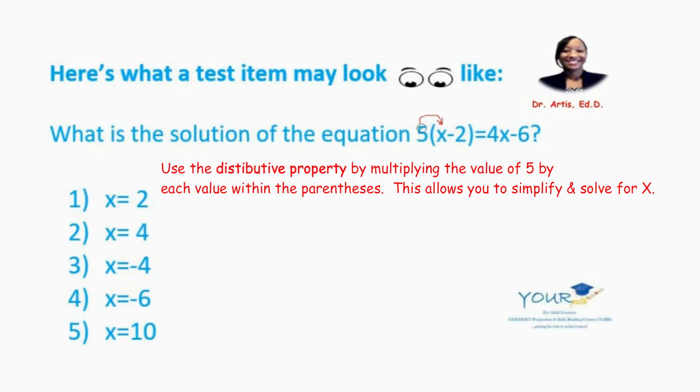So you're going to multiply 5 times x and then 5 times negative 2 first, okay, in order to simplify this equation by one step in order to solve for x.